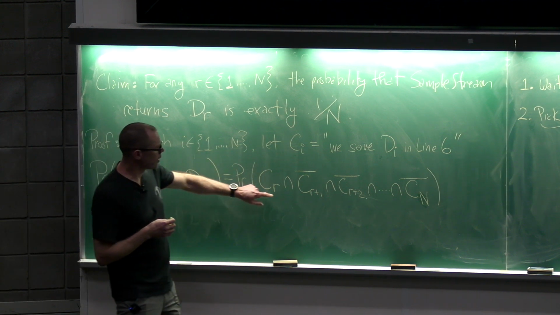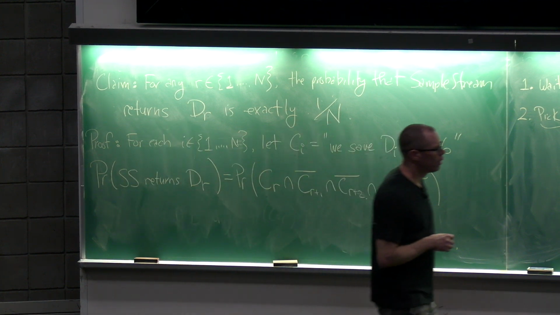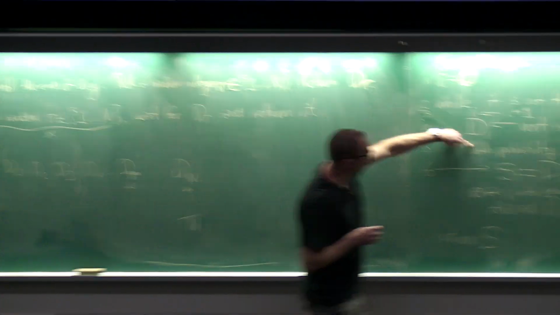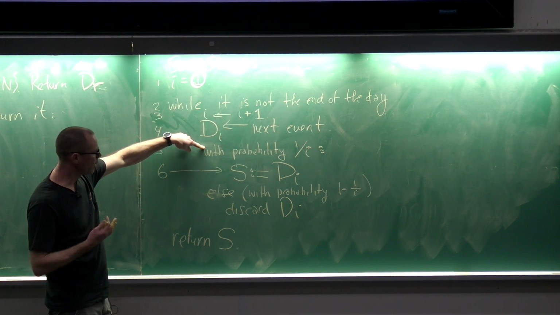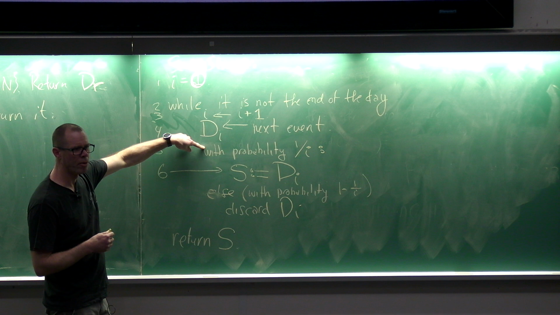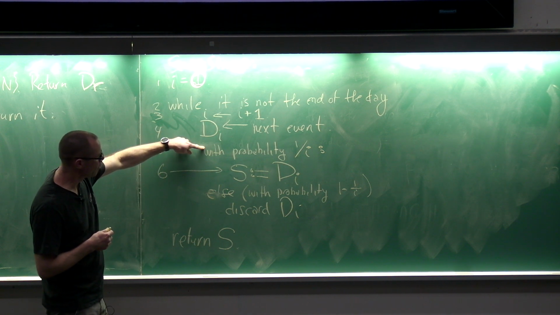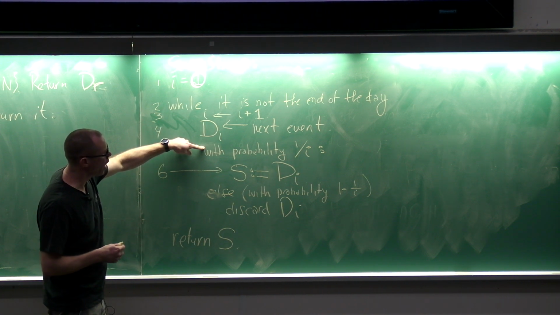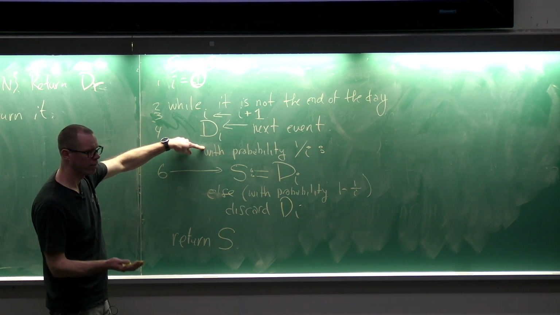And now, are these events independent? Well, each one of them basically is controlled by some choice that we make here. So if this algorithm really has a random number generator that can pick independent random numbers, then yes, the event that I choose di should be independent of the event that I choose di plus 1.